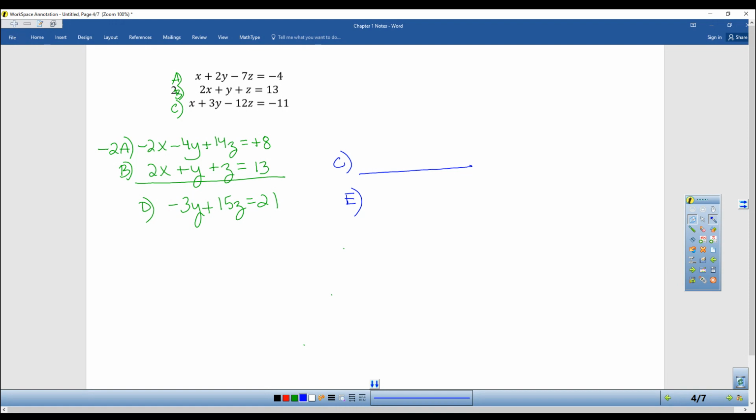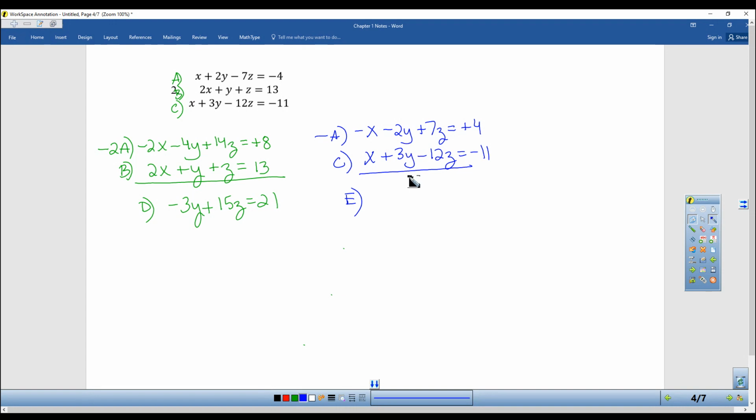So with C, I can very easily use C and negative A, which would be negative x minus 2y plus 7z is equal to plus 4.